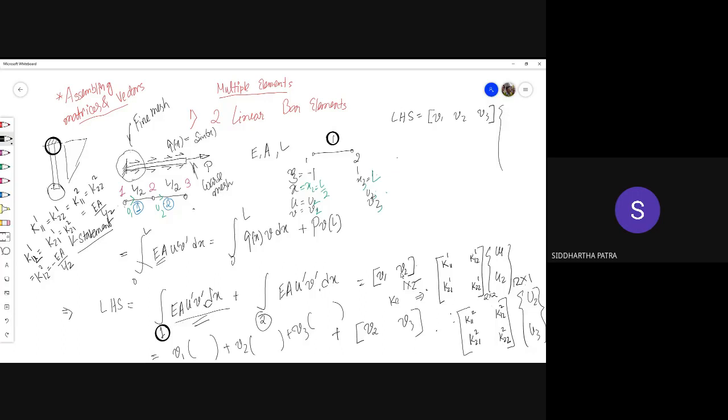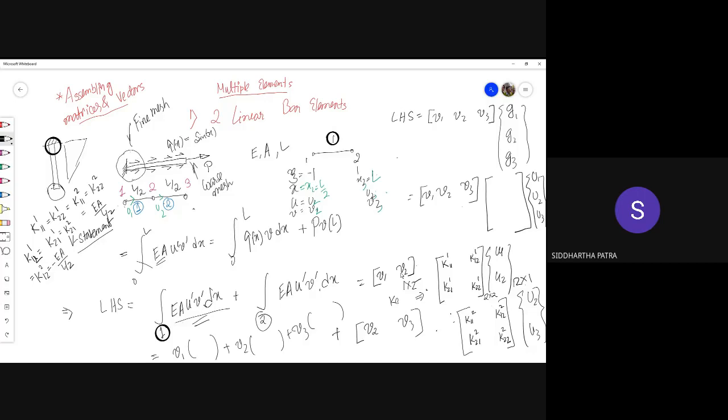I should be representing functions with different notation, some linear functions of u1, u2, u3, okay. And since they are linear functions, I should be in a position to write them like this: this whole matrix and times u1, u2, and u3.